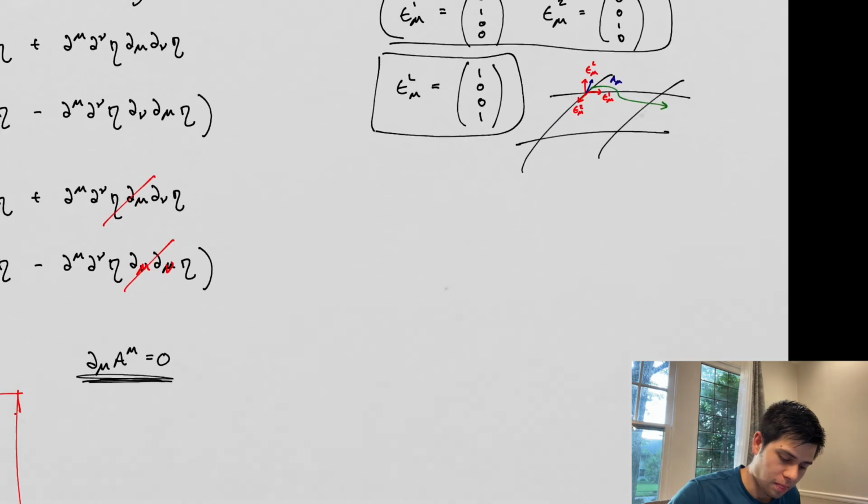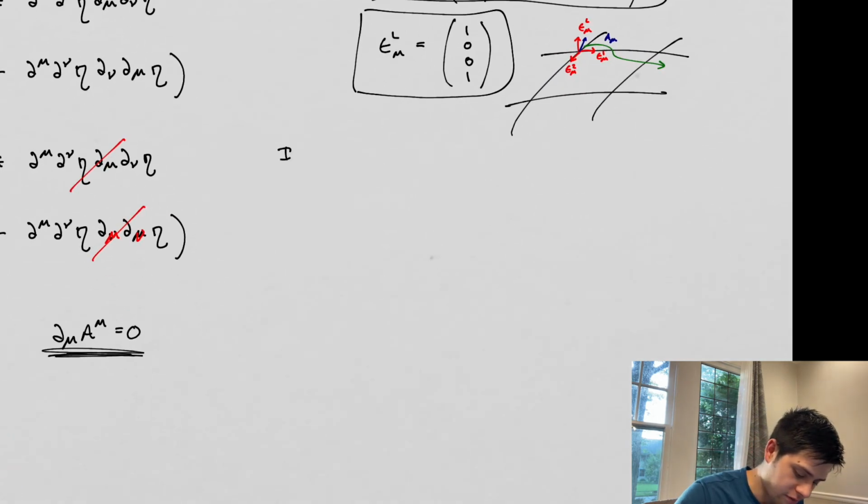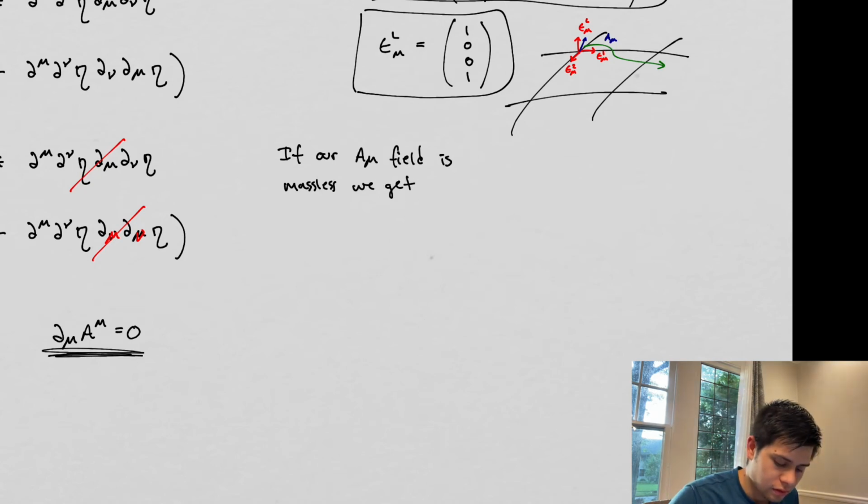So I'll write that down. If our A mu field is massless, we get these polarization vectors and gauge symmetry.